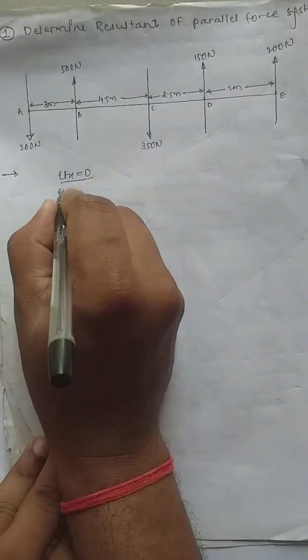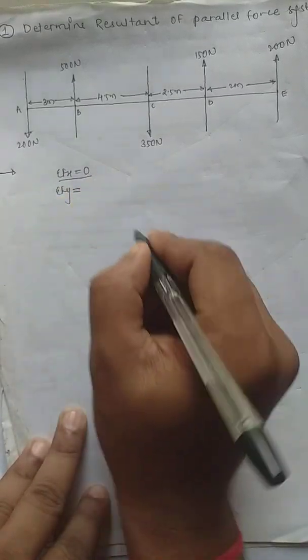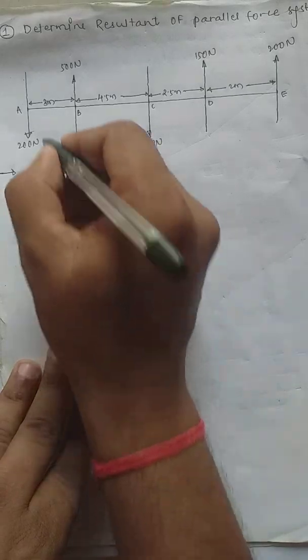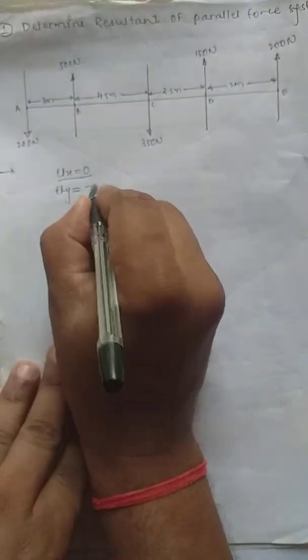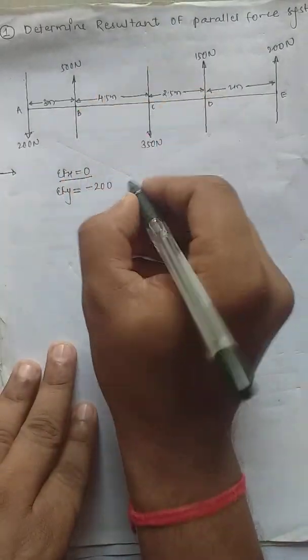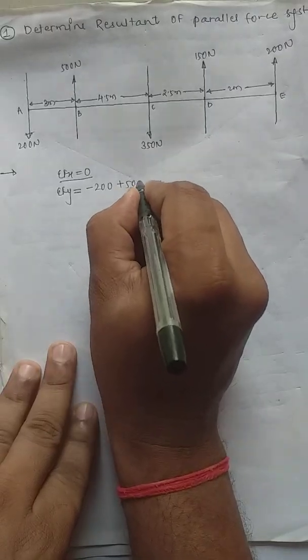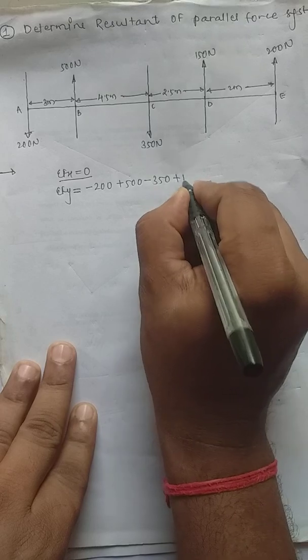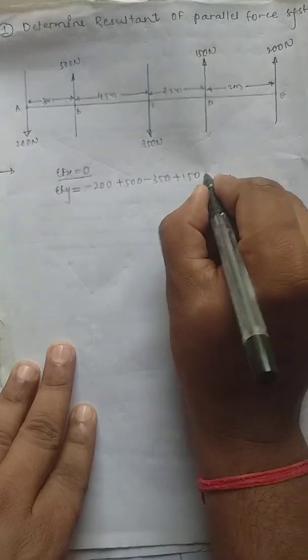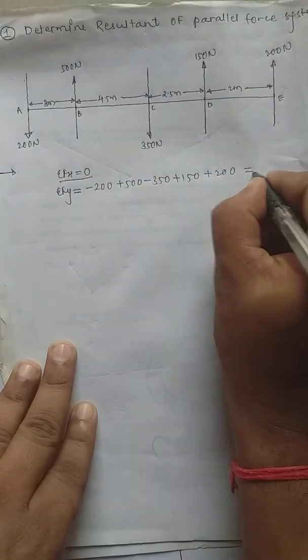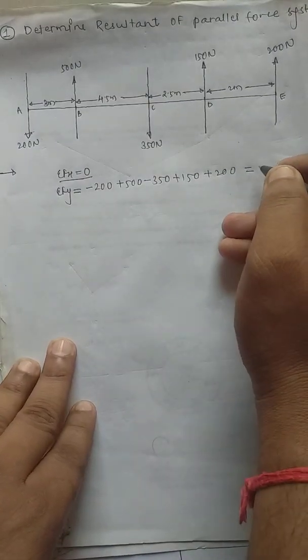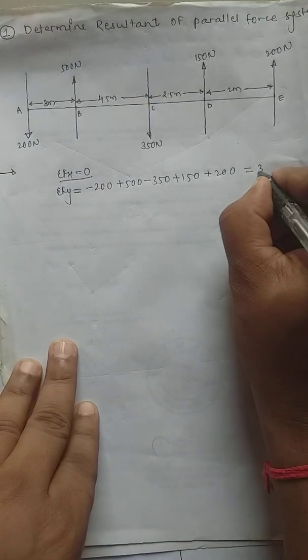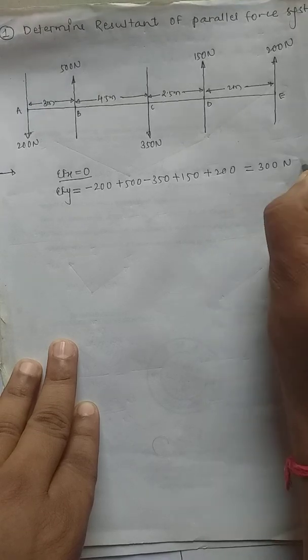Similarly, we'll find summation of Fy. Summation of Fy will be equal to minus 200 for downward, plus 500 upward, minus 350, plus 150, plus 200. That will be equal to 300 Newton in upward direction, positive 300 Newton.